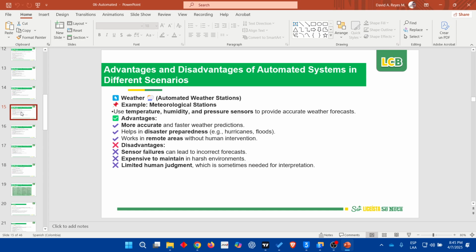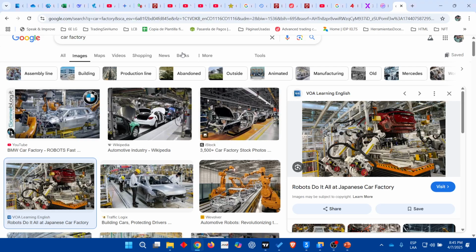Weather. Automated weather stations, or meteorological stations. Use temperature, humidity, and pressure sensors to provide accurate weather forecasts. Advantages: more accurate and faster weather predictions. For example, IDEAM. Let me put it here.